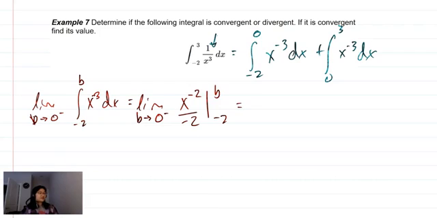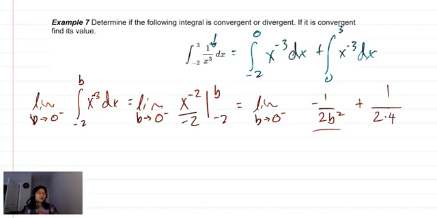And then what do we have? The limit as b approaches 0 from the left of negative 1 over 2b squared minus negative 1 over 2 times 4, so that's 8.